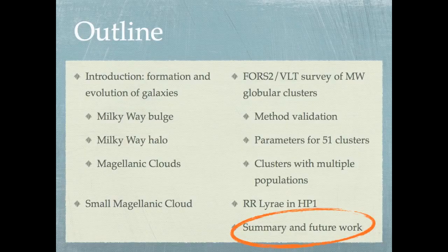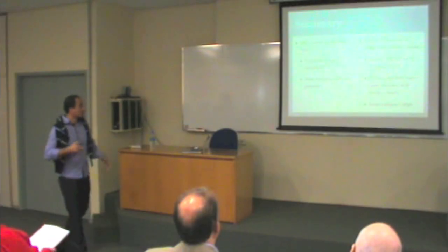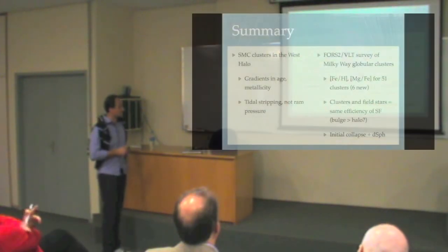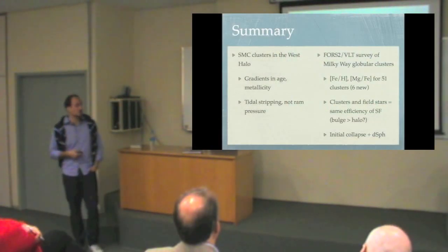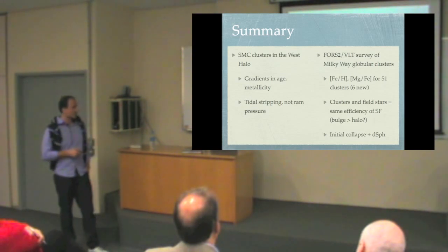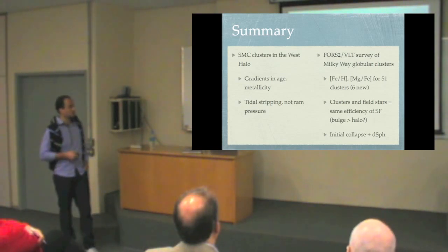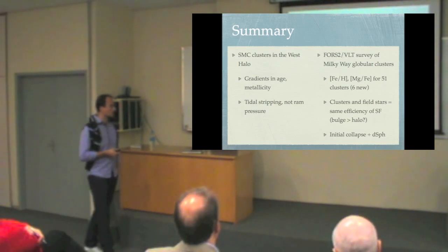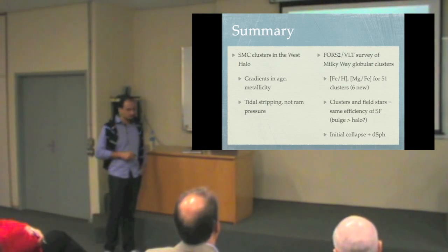Okay, so we'll finish with a summary and some perspectives. Just to remember the overall scenario. We studied SMC clusters in the Magellanic Clouds, specifically in the west halo. There are gradients in age and possibly in metallicity, which have consequences for tidal stripping models against ram pressure.